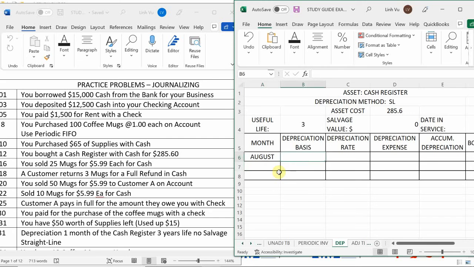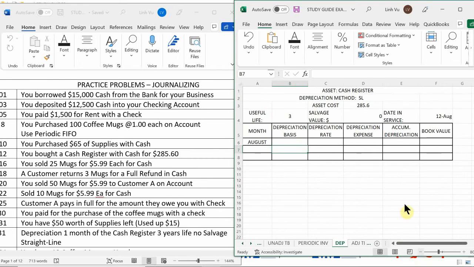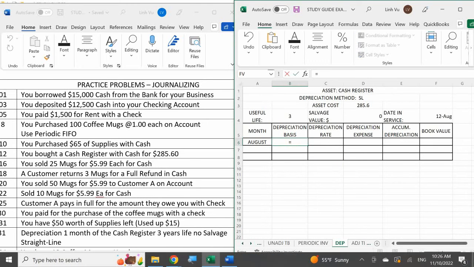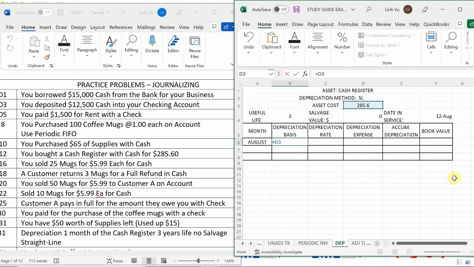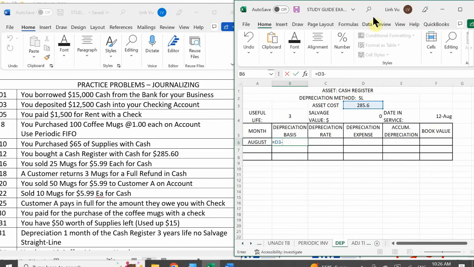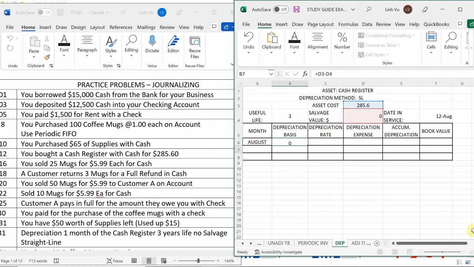So how do I determine the depreciation basis for straight line? It would be the depreciation basis of $285.60, because we take the asset cost minus salvage value, which is 0. That gives you $285.60.